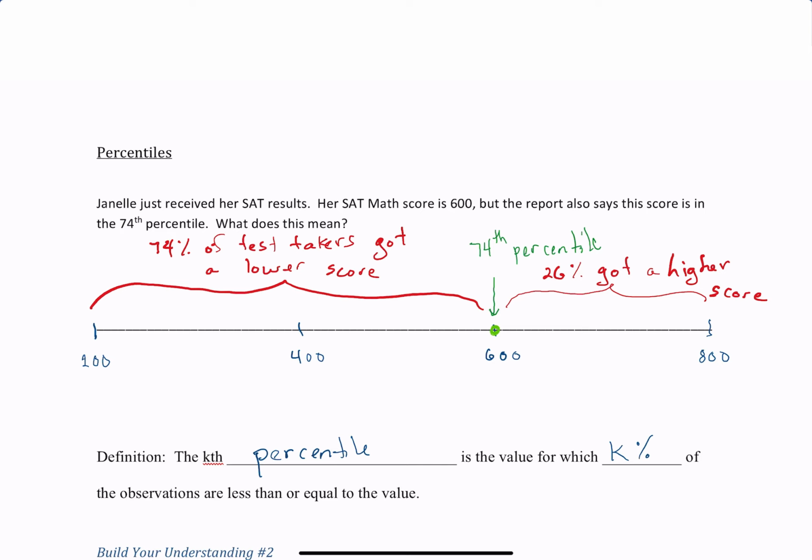So the value from the example above is 600, and K in the example above is 74.